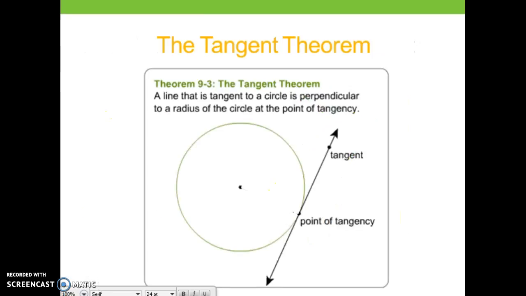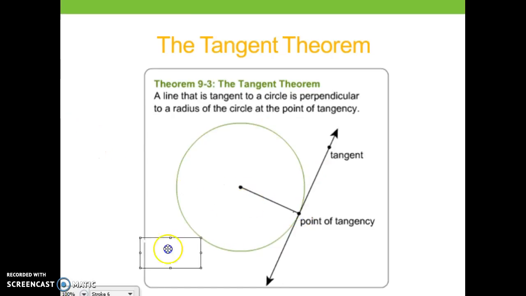So with that, let's introduce the tangent theorem. The tangent theorem states that a line that is tangent to a circle is perpendicular to a radius of the circle at the point of tangency. So we have a tangent line. It intersects this circle at this point right here, this point of tangency.